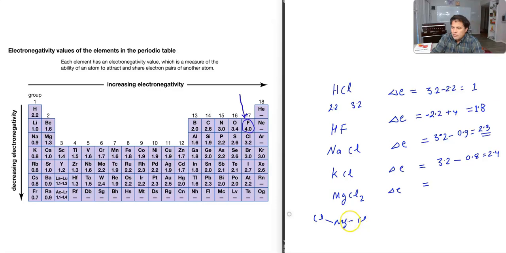So delta E equals chlorine 3.2 minus magnesium 1.3, which equals 1.9. And similarly, carbon and hydrogen, for example CH3, carbon and hydrogen.